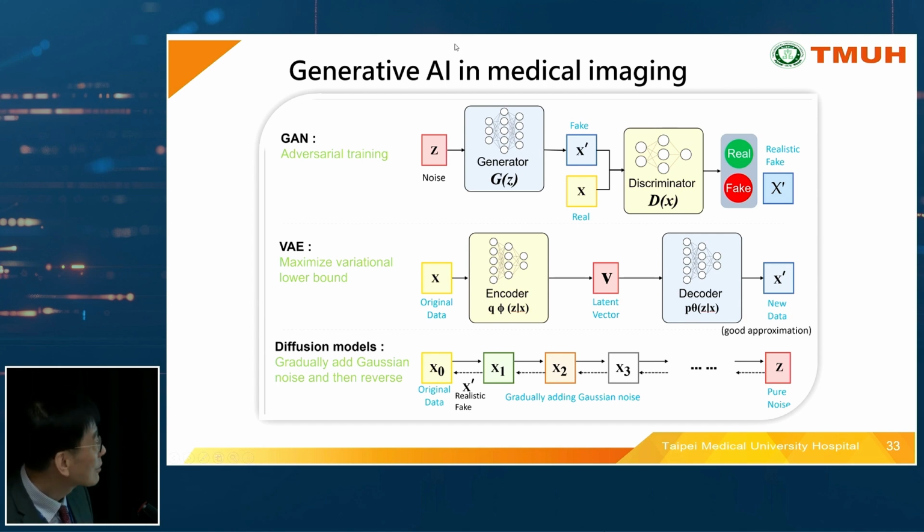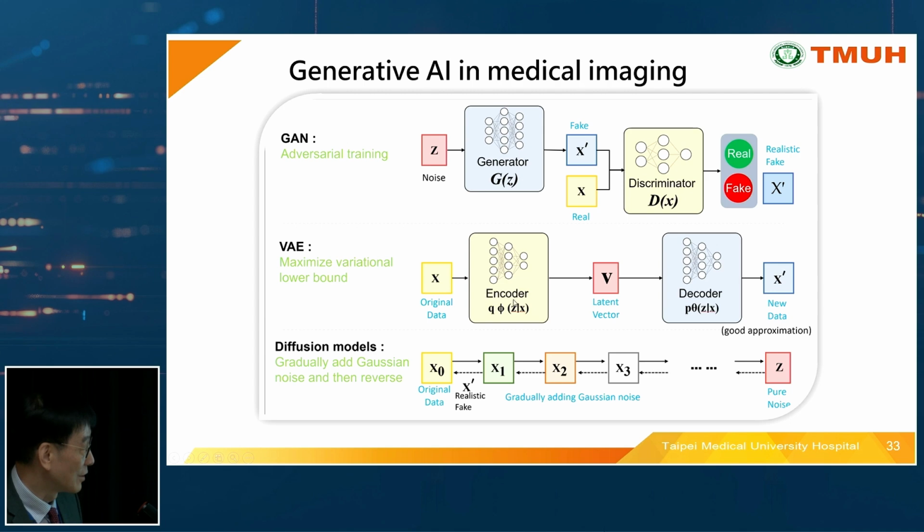But actually, generative AI can produce new, realistic, fake imaging, or enhance original imaging, or generate new imaging like VAE, variational autoencoder.